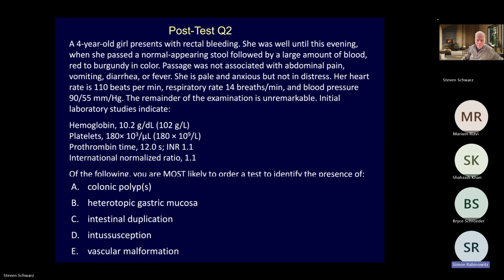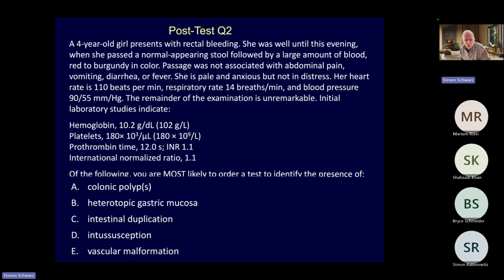Polyps. What? I said polyps. Definitely not. One word makes that less likely. It's likely, but one word makes it less likely. Actually, two words. Okay.